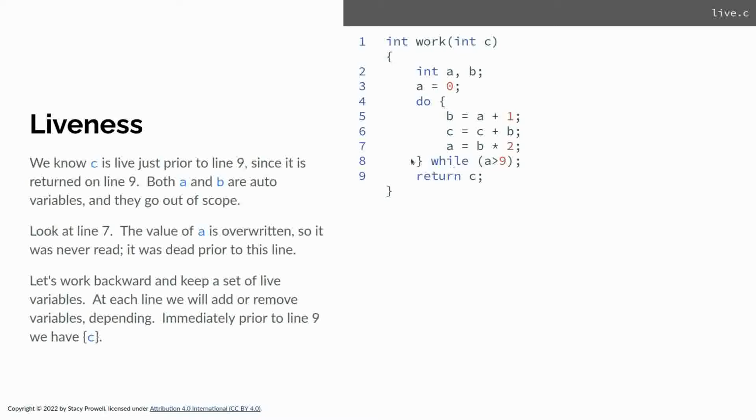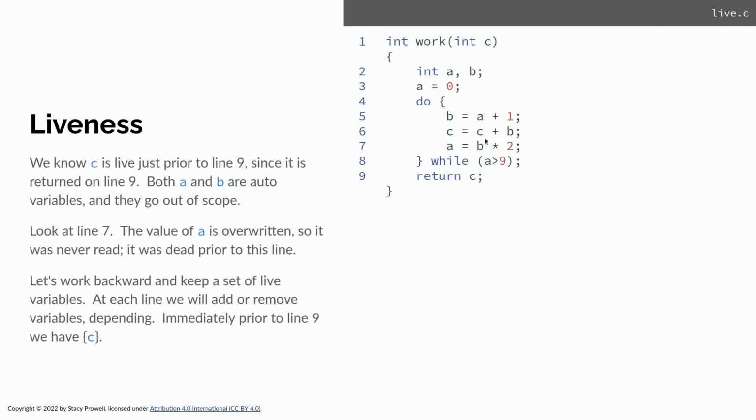If we go up to line 7, A gets B times 2. We notice that the value of A is being overwritten, so anything that was previously stored in A is now lost. That means that immediately prior to this line, A is dead.